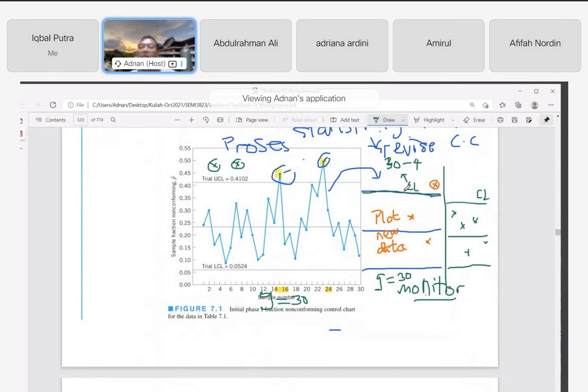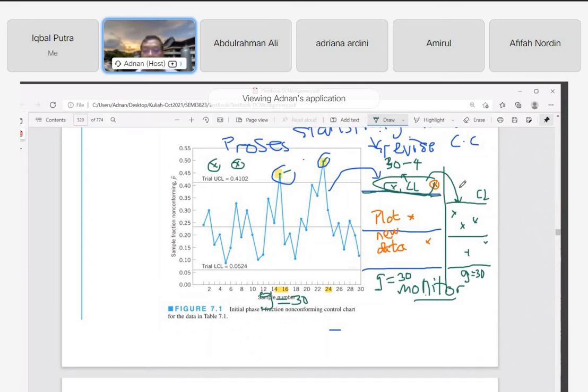You remove the points outside in order to produce new control limits. But when you use the new control limits, you still continue collecting 30, and only after 30 do you have enough data to revise again, if there are still points outside the control limit.